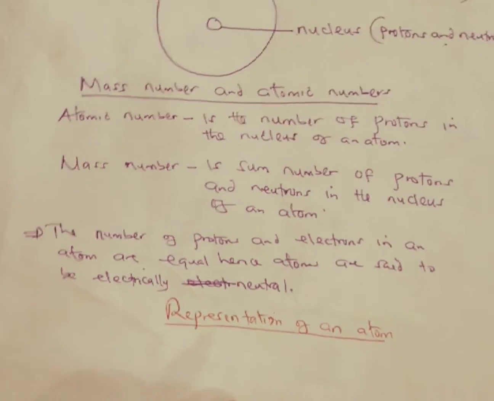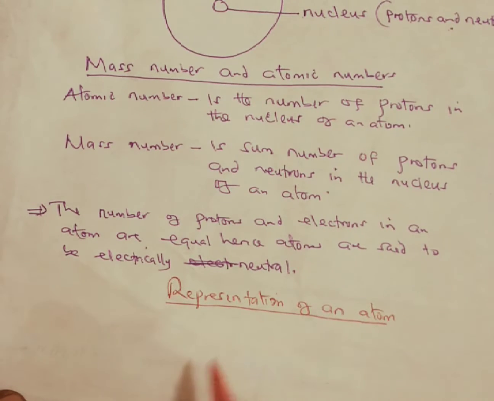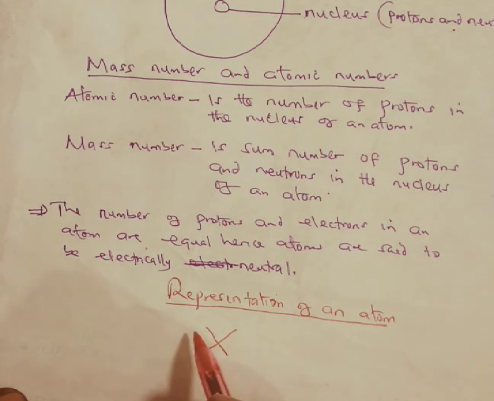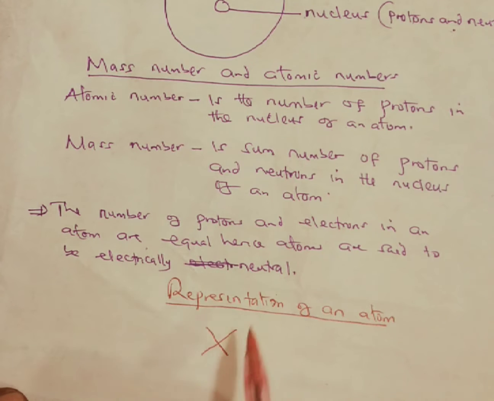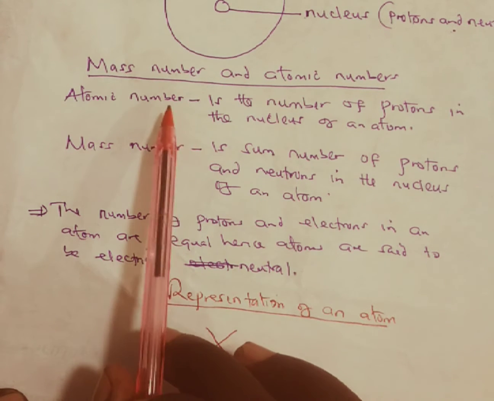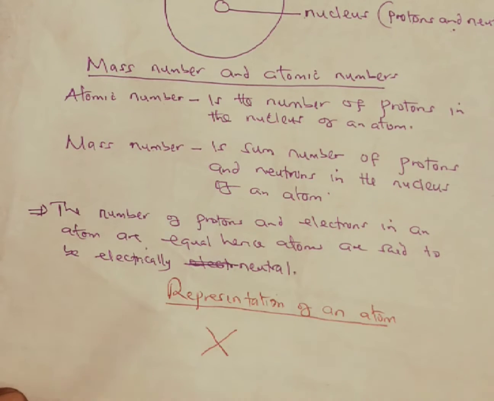In this case, if an atom is represented by letter X, it should be represented by both the atomic number and the mass number.